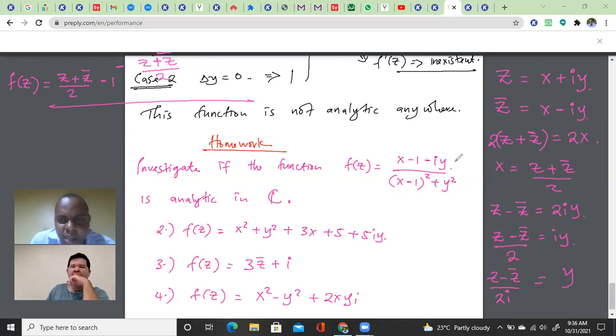At the top, we only remain with minus 1. Now we have two z bars. z is canceling out, but z bar is positive, two z bars.